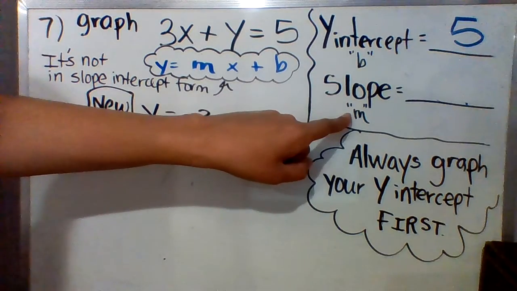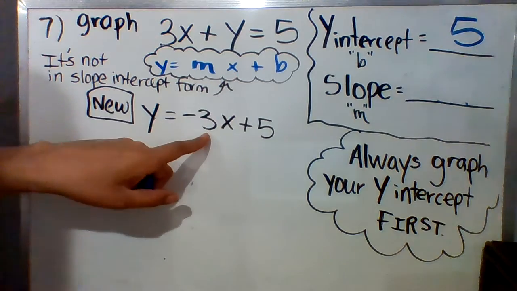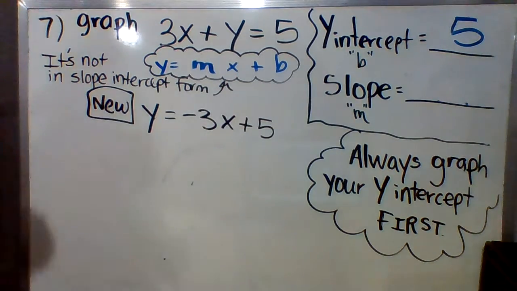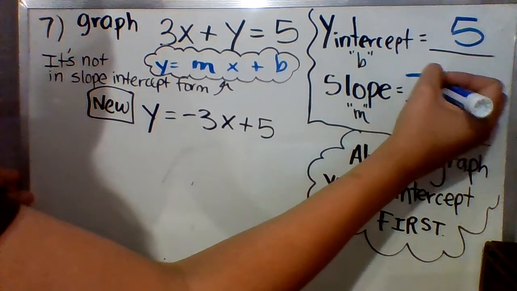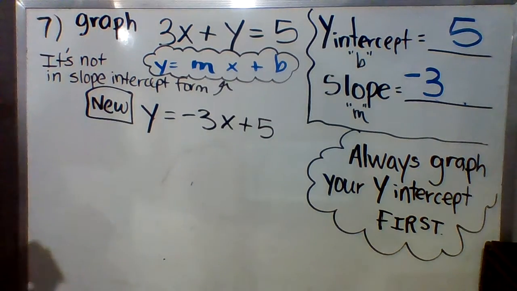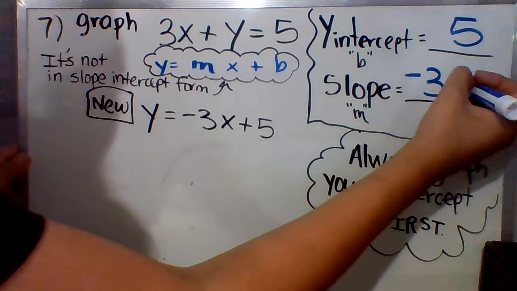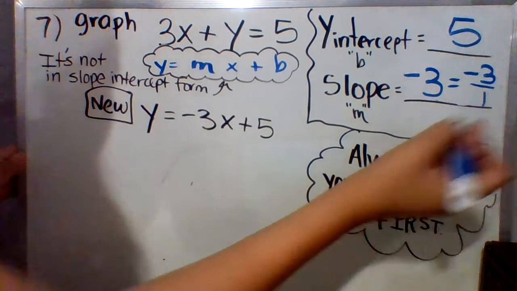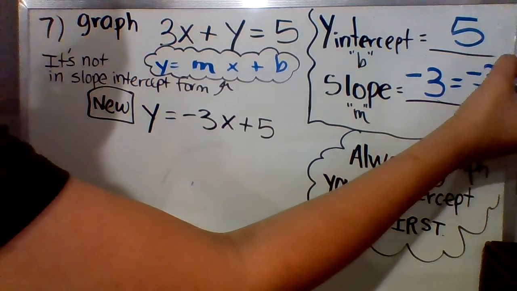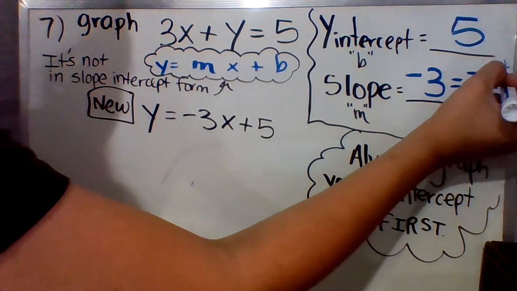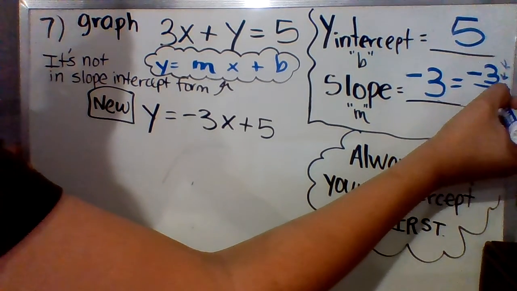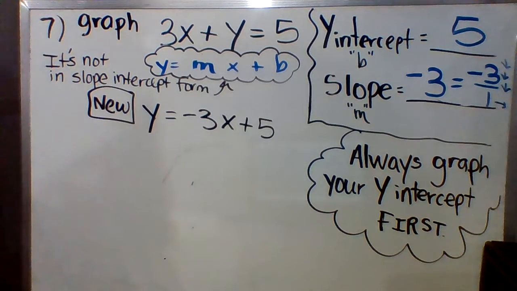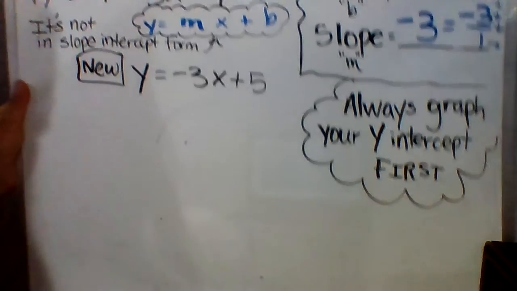And now we know that the slope, the m, which is in front of the x, is negative 3. And I need to make this negative 3 into a fraction. So I'm going to put a 1 under it. So it's negative 3 over 1. This slope is telling me to go down 3 and over 1. Now I am ready to graph.